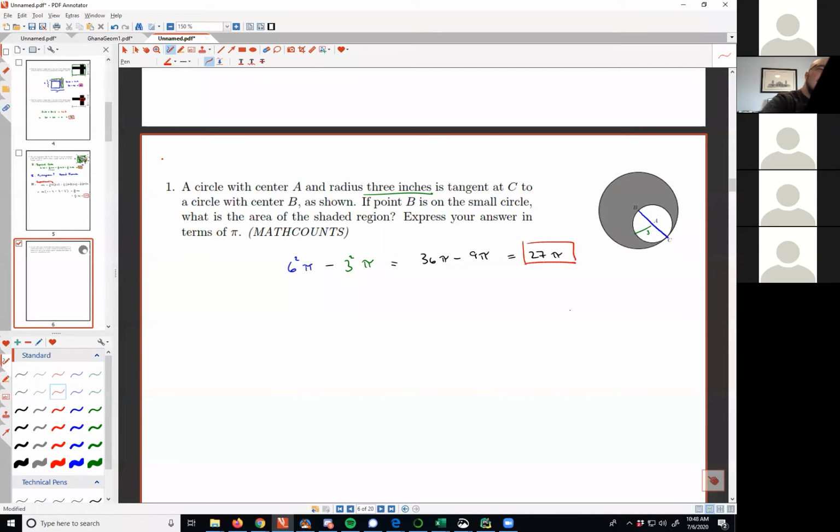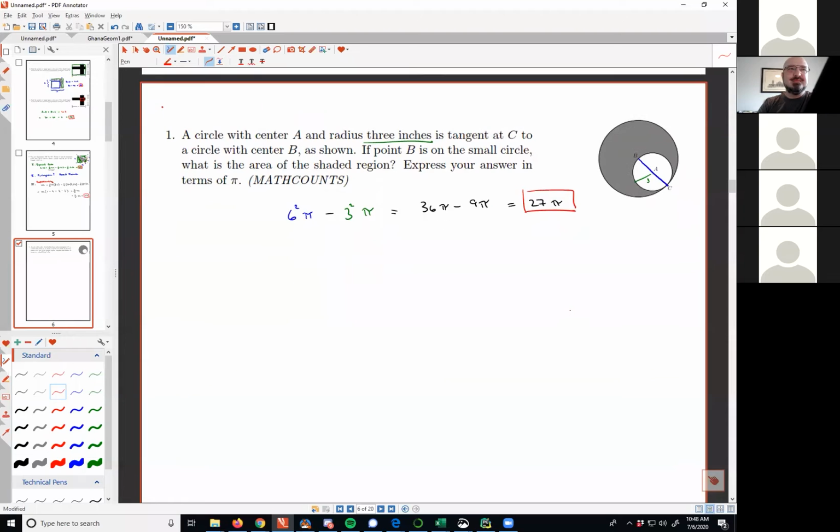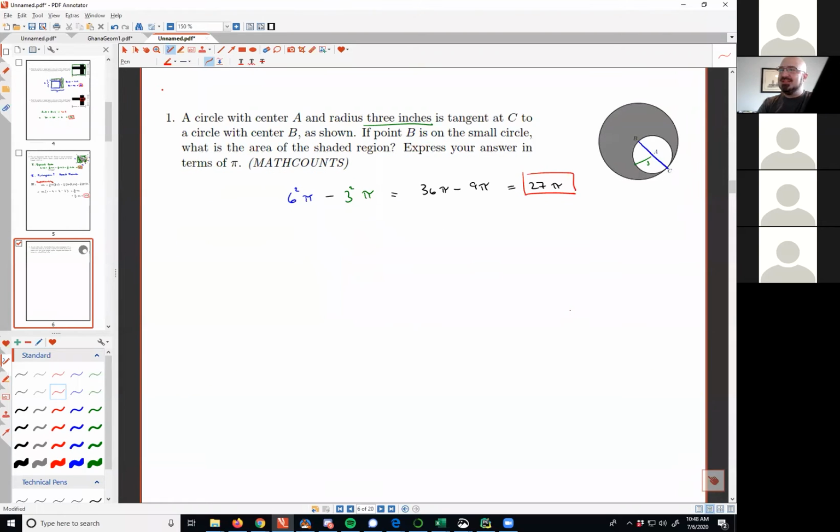Okay. So now I'm going to challenge you all. How do we know that pi r squared is the formula for the area of a circle? How do we come up with that? It's kind of a funny question.